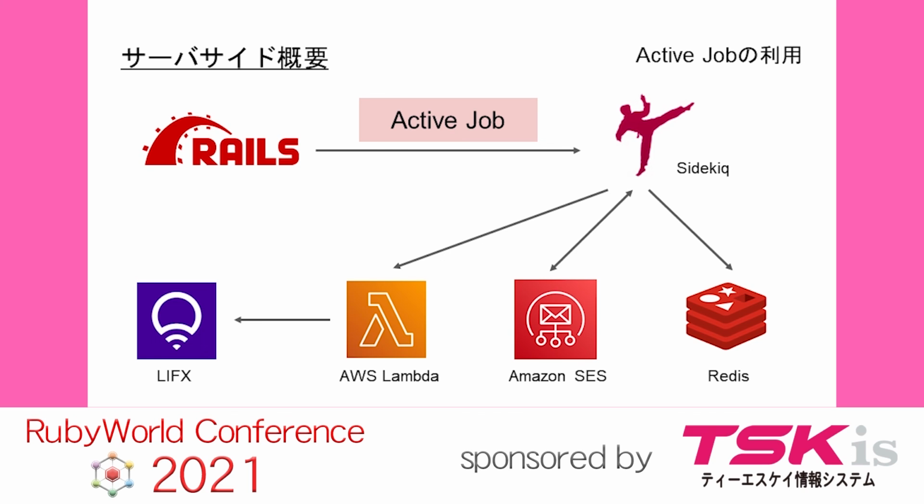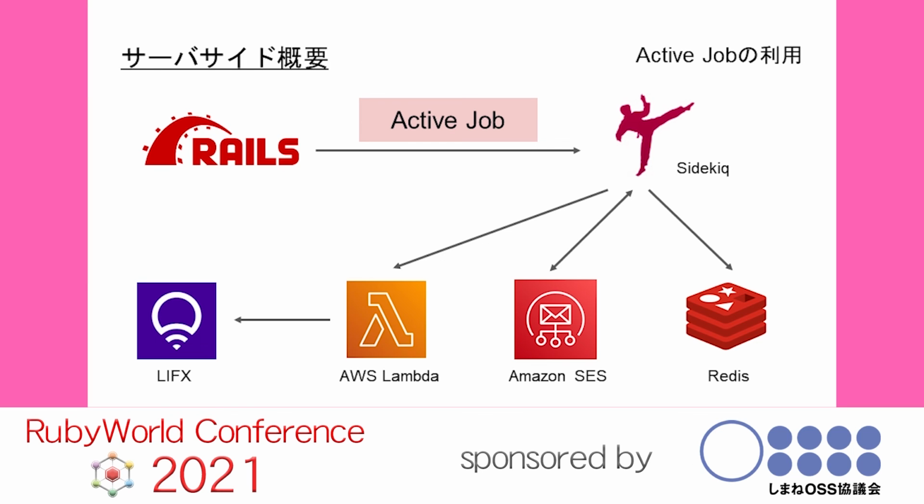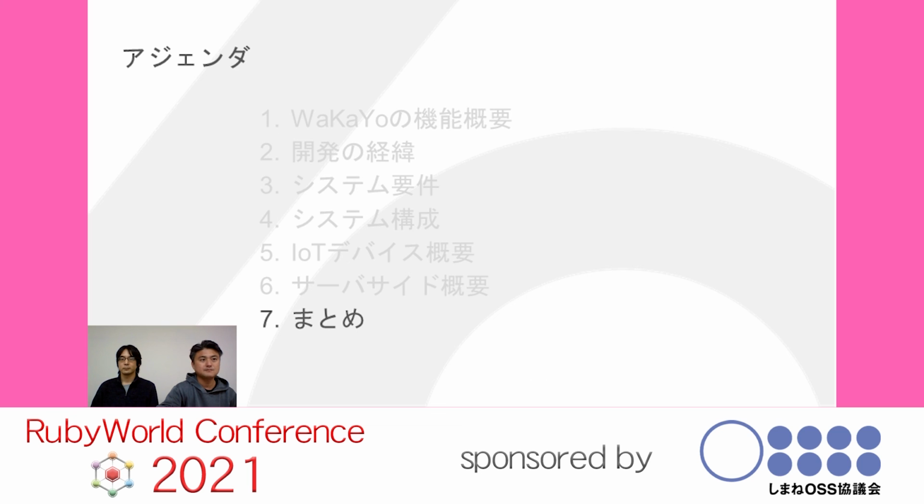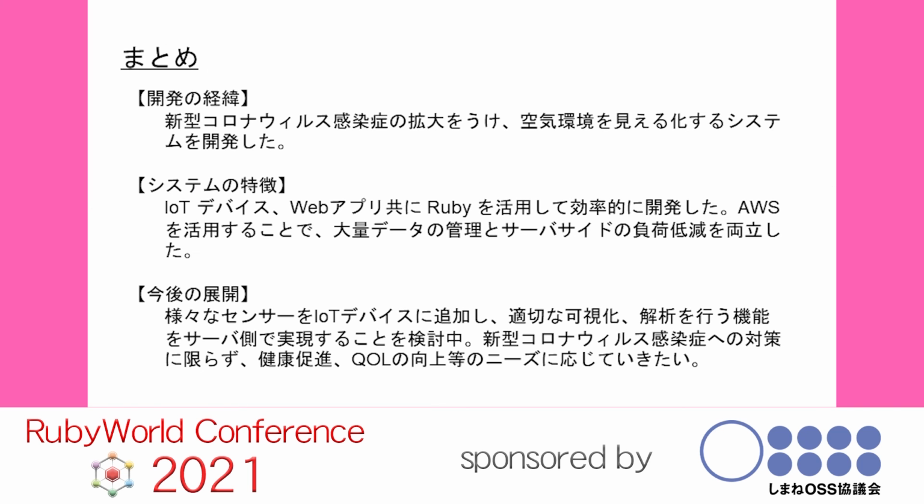The light on and off is supported by an API using Lambda. By using Active Job, you don't have to directly handle the registered jobs. Therefore, it is easy to change over to another job scheduler. And therefore, Web and Ruby on Rails were used to develop very efficiently, and the development time was minimized.